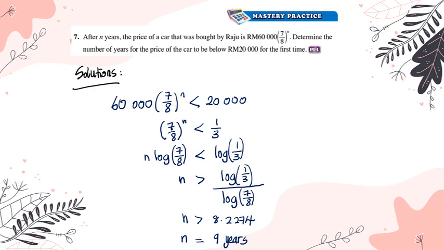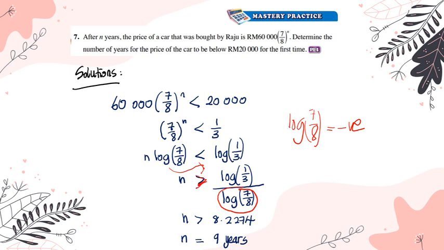But you must remember, log 7 over 8 is a negative value. So when you bring down and you divide by a negative value, this symbol will change.